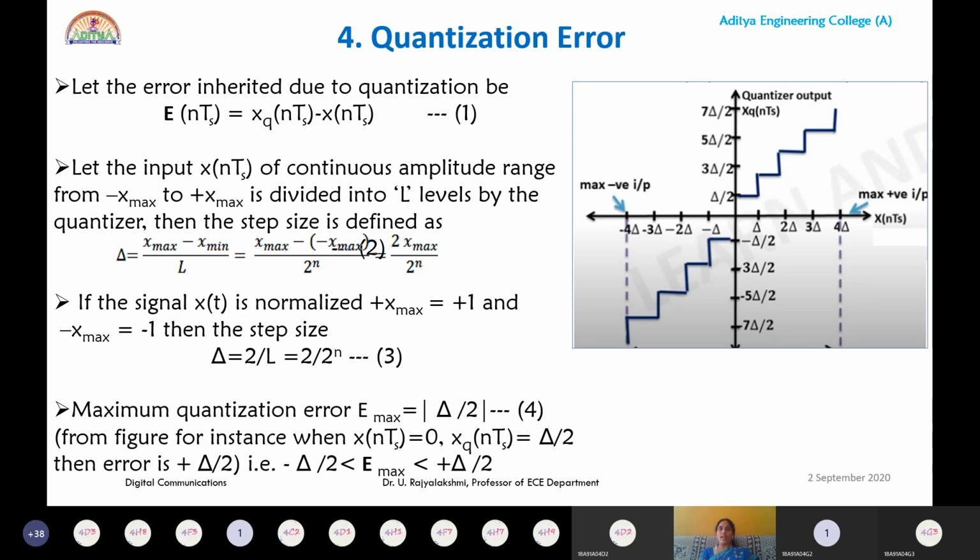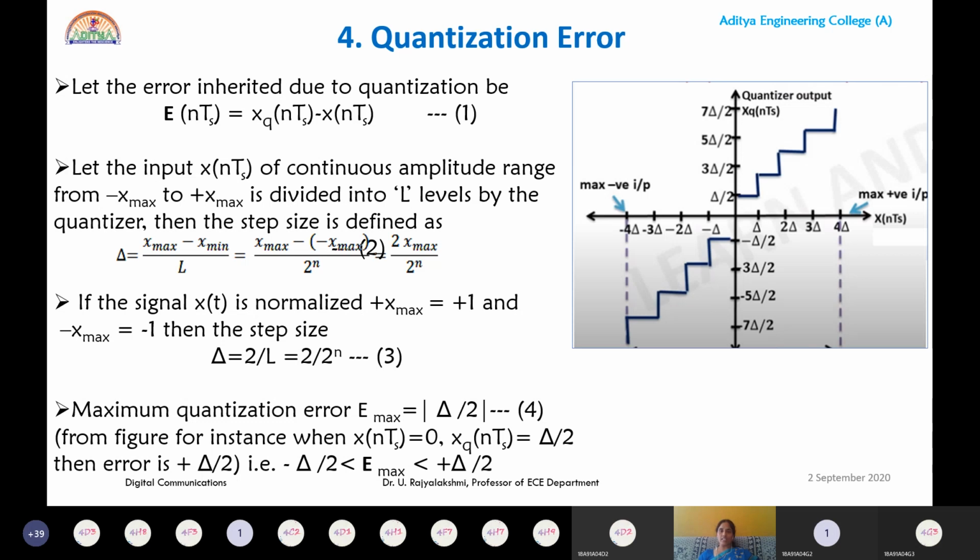I am asking you, at the instant of x of NTS equals 0, let us take the instant where x of NTS is 0. Whenever x of NTS is 0, first observe the positive staircase waveform, which passes through the origin.